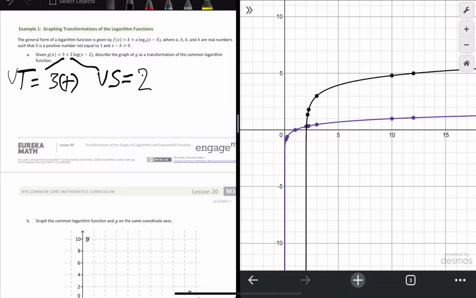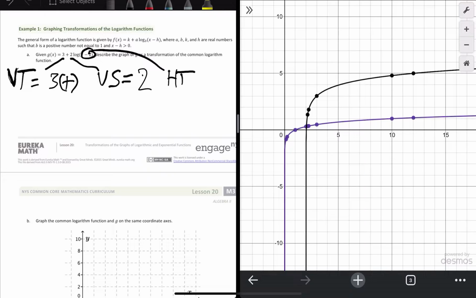Now, this negative 2, let's talk about it. What's happening with this negative 2? This is where you have to be careful. This is a horizontal translation. We've already had our vertical translation, but now we have a horizontal translation.